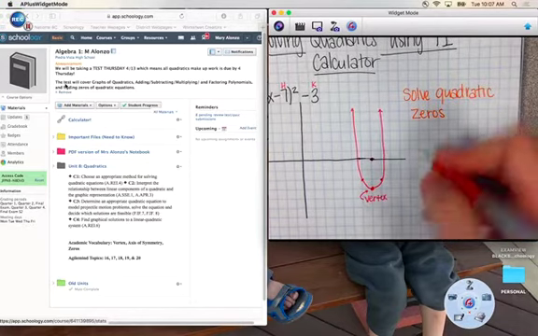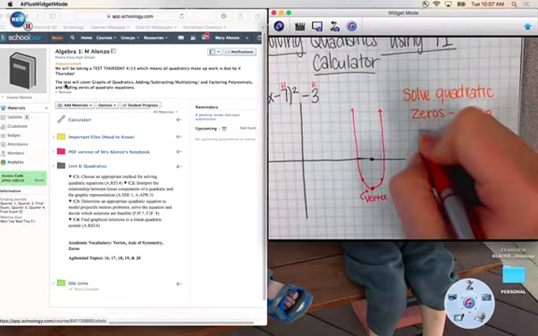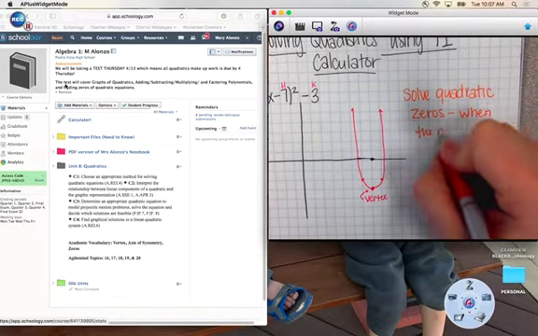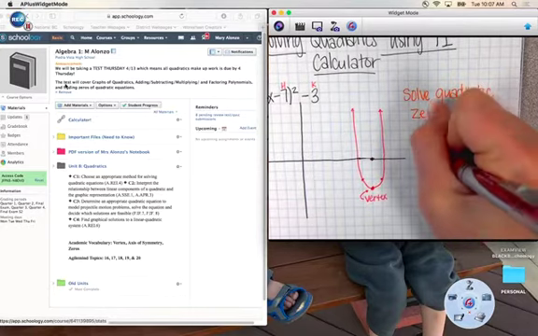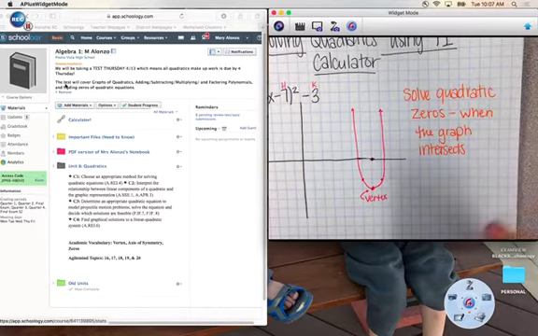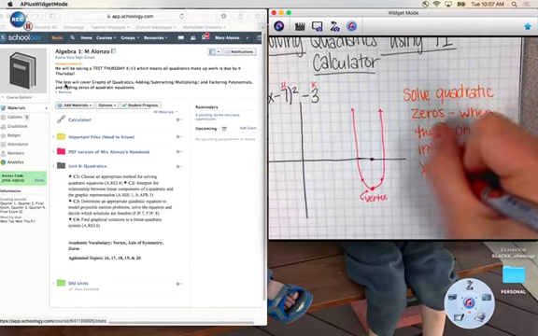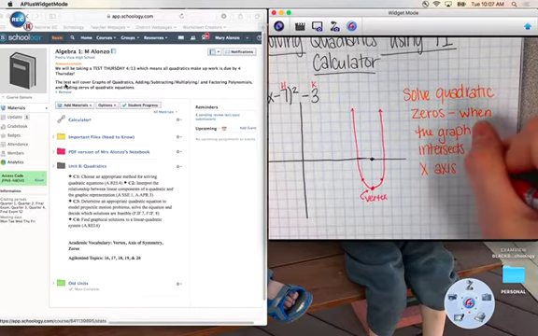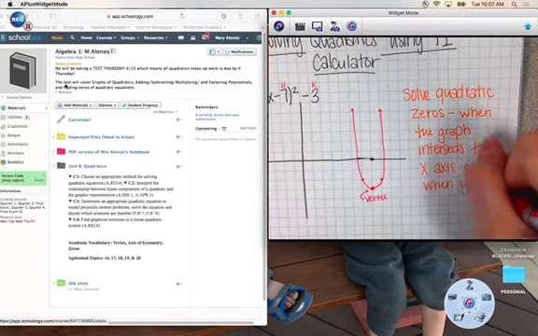Remember, a zero is when the graph intersects the x-axis, or when y equals 0.